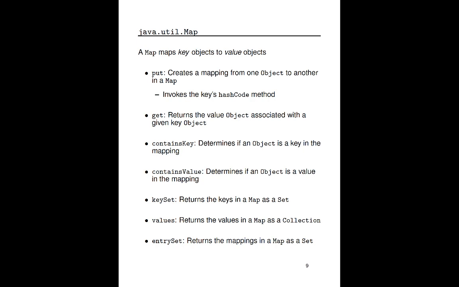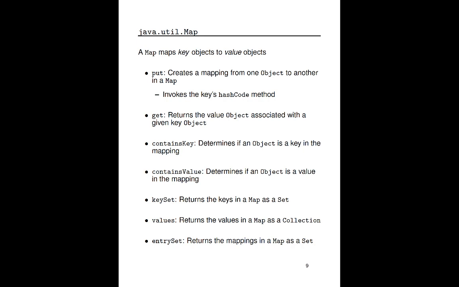You can return the value object associated with a given key by using the get method. And then you can ask the map, hey, do you contain this key? Do you contain this value? It knows how to look these things up internally. Now, when it comes to getting access to lots of objects in the map, there are a couple of methods there. There's a method called keySet, which will return all of the keys in a map as a set.